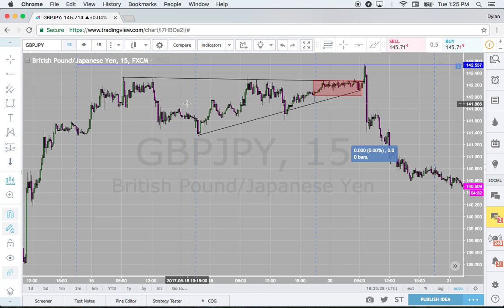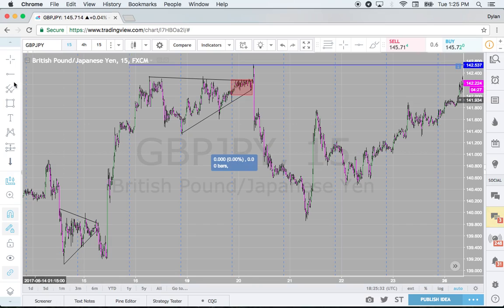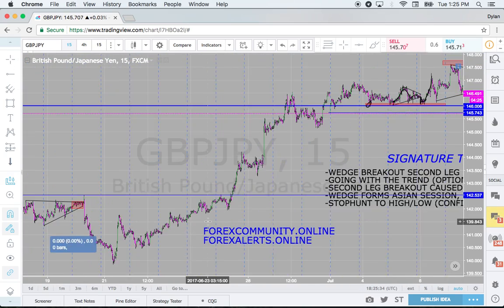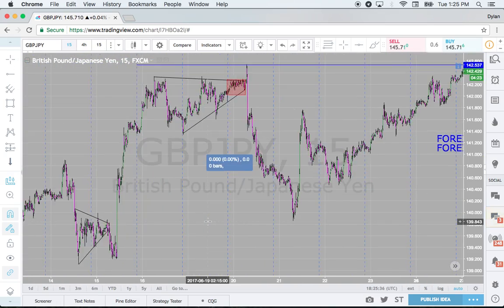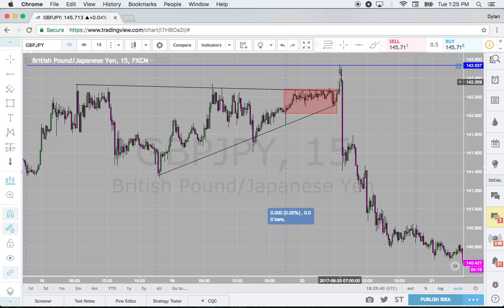And then we can also see that stop hunt to the high. That stop hunt also takes out any retail trader sellers that have their stop losses in this area.